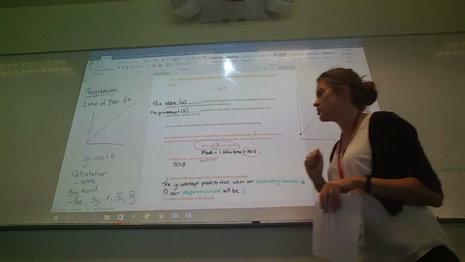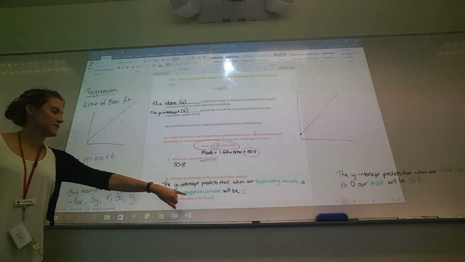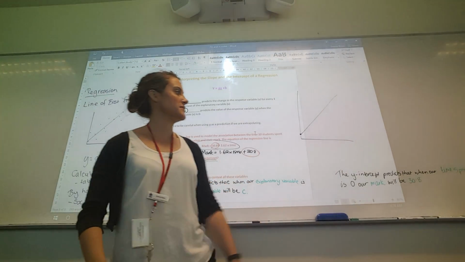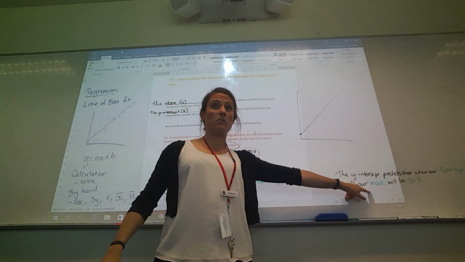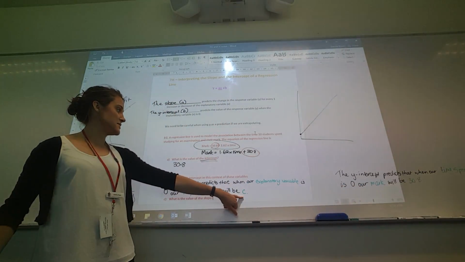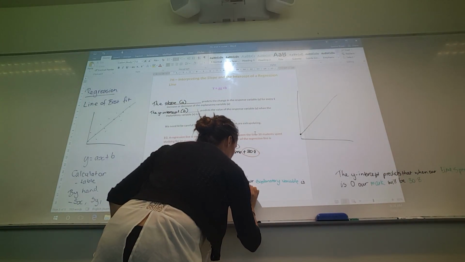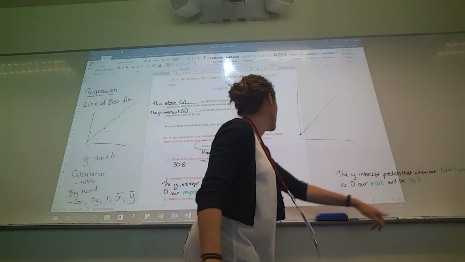So that's how we would interpret that. So we're just changing these things in green so it relates to the question. So our explanatory variable is the time spent studying, our response variable is our mark, and our B is 30.8.